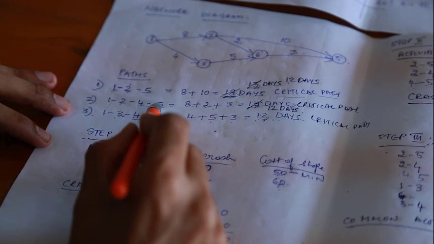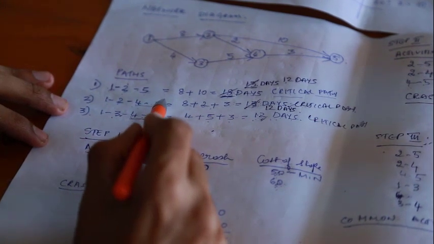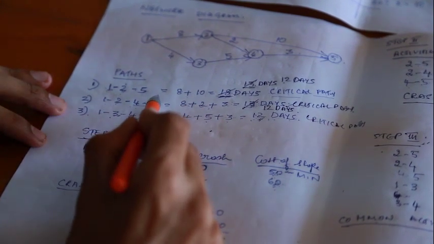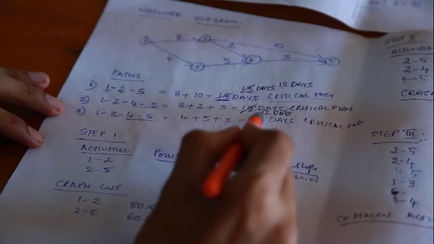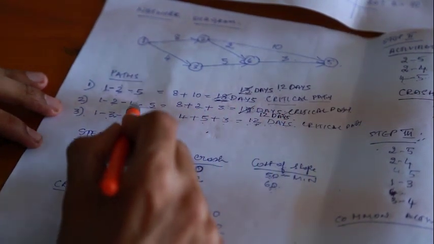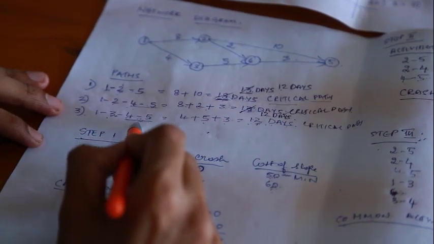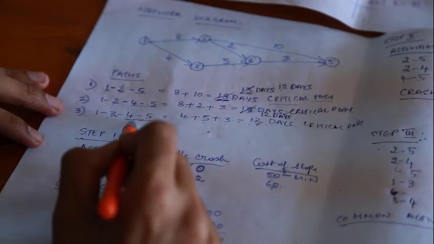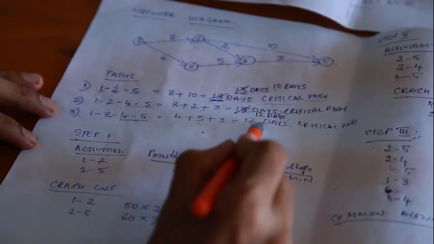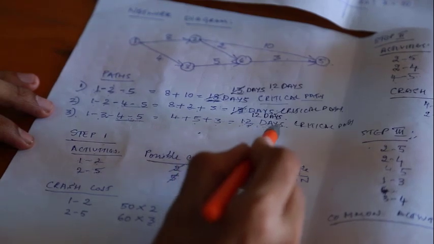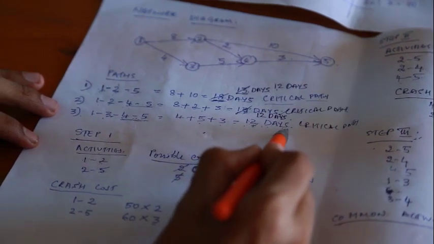Now if I crash down one of the activity from second path, then it will become 11 days. The same activity is included in the third path, so by default here also 1 day will be cancelled, and here again it will be 11 days. Let's try.